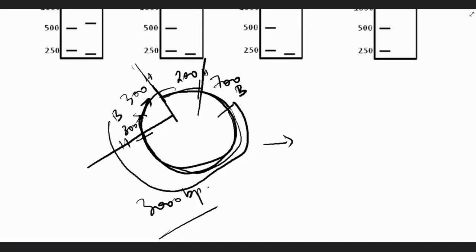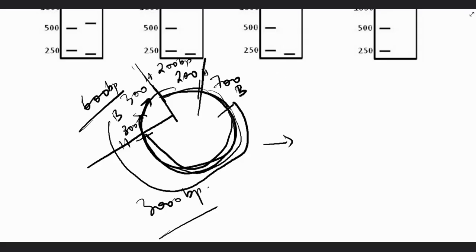When these parts get cleaved, here you have 300 base pairs plus 300 base pairs, so that is going to be a 600 base pair fragment. And here you have a 200 base pair fragment. And here you have 700 base pairs that is already there, but then you need to take from here to here.